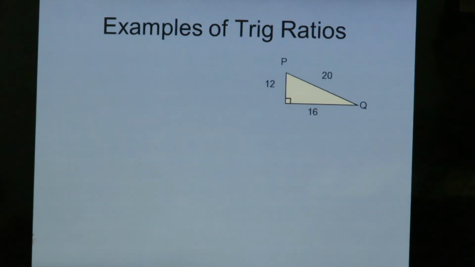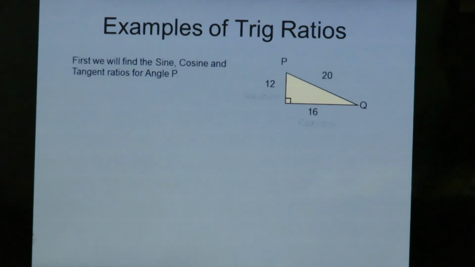Examples of trig ratios. Suppose a triangle PQR with sides 12, 20 and 16. Taking the angle P, 16 will be the opposite side and 12 will be the adjacent side, then 20 is the longest side, the hypotenuse.